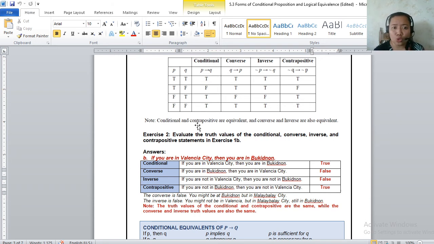Note that the conditional and the contrapositive are equivalent. So if the conditional is true, then the contrapositive also is true. And converse and inverse are also equivalent. So if the converse is false, then the inverse also is false.